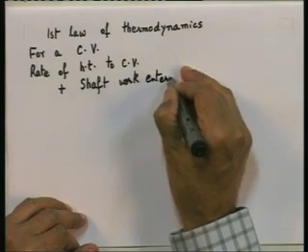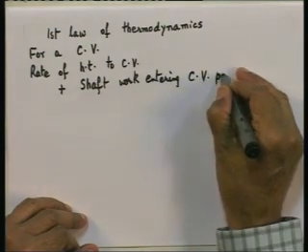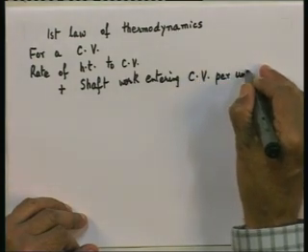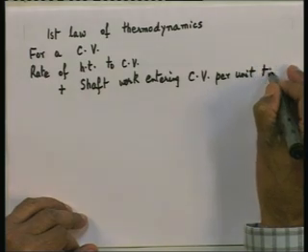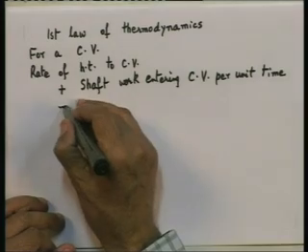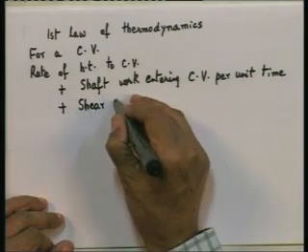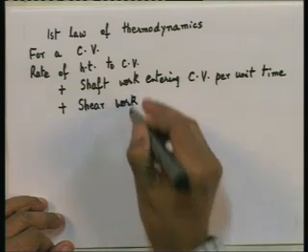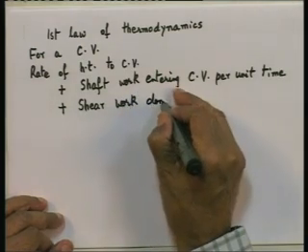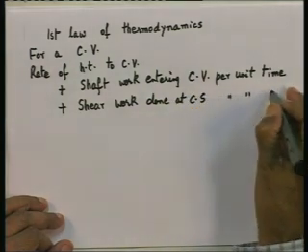Suppose it is a finite control volume, there can be some shaft work entering per unit time. Then there is work done by the shear forces, which I mentioned a moment ago, plus shear work done at the control surface per unit time.